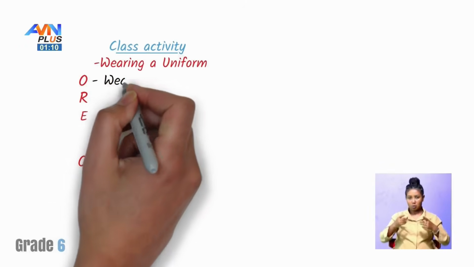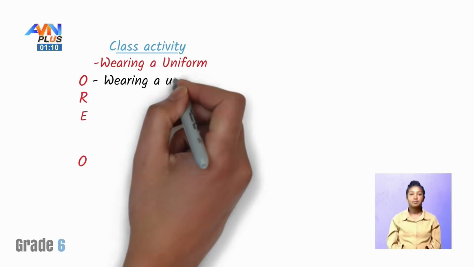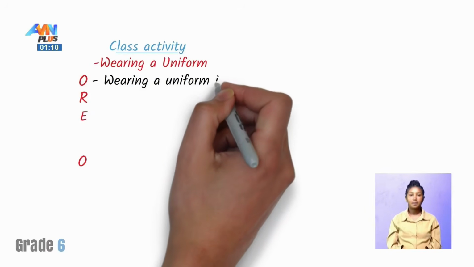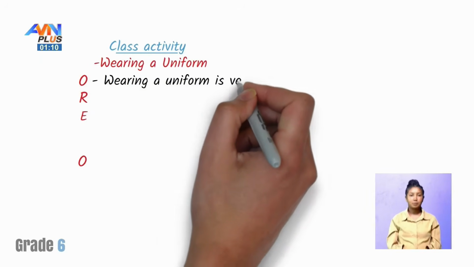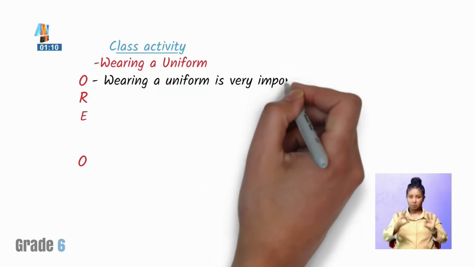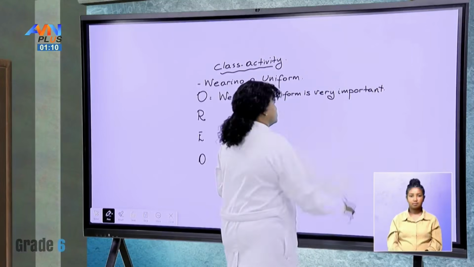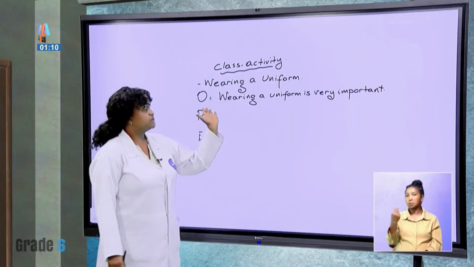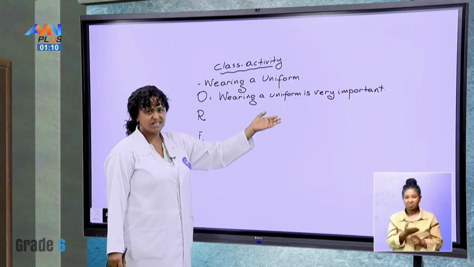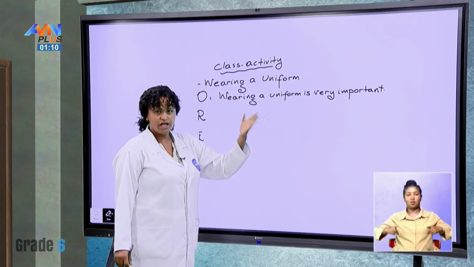Wearing a uniform is very important. You can use a different way of writing, okay? Don't worry about that. You don't have to be exactly the same with me, okay? Wearing a uniform is very important.